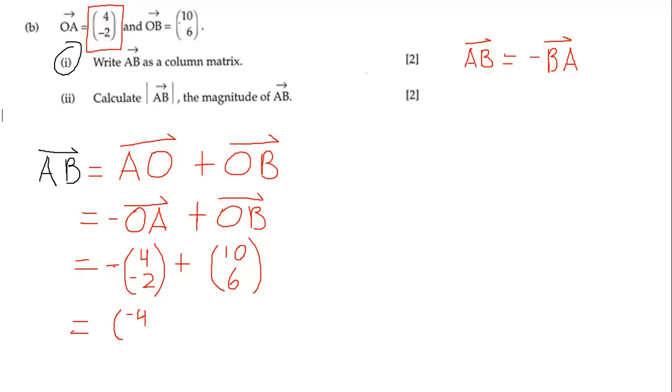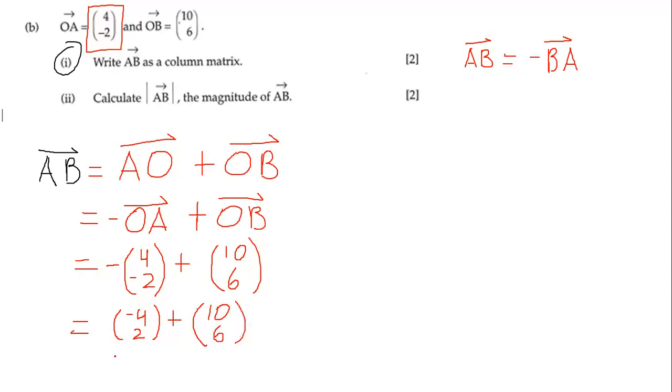What is negative 1 times negative 2? Negative 1 times negative 2 is positive 2, plus, in bracket, we bring down the 10 and we bring down the 6. We write the same thing down. So 10 and 6.